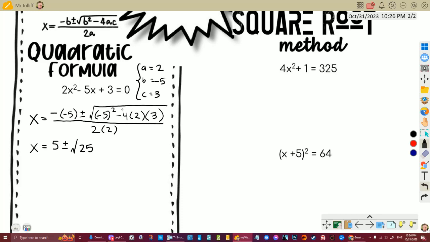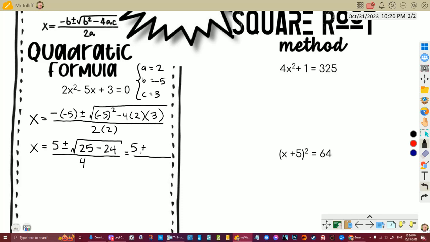And I know that negative 4 times 2 is negative 8. And negative 8 times 3 is negative 24. And then in the denominator, I know 2 times 2 is 4.